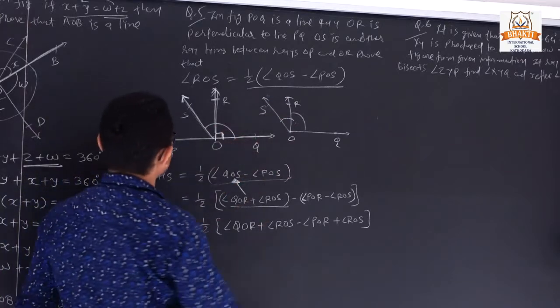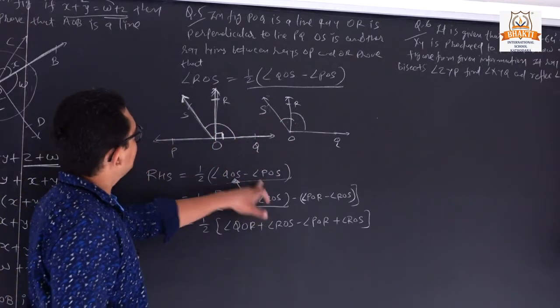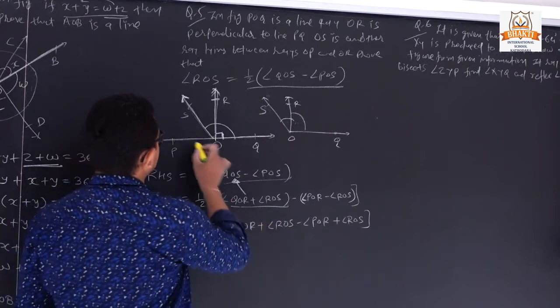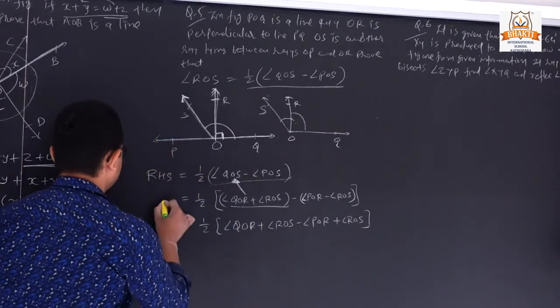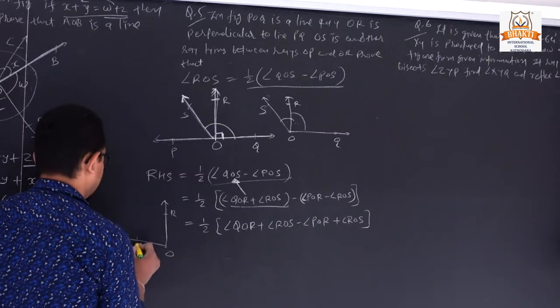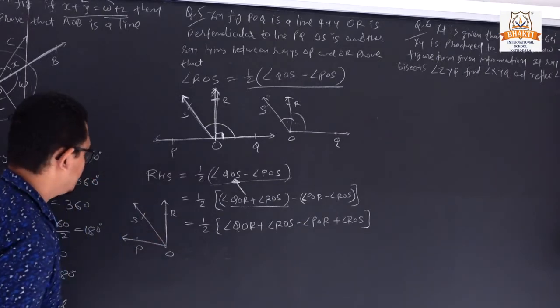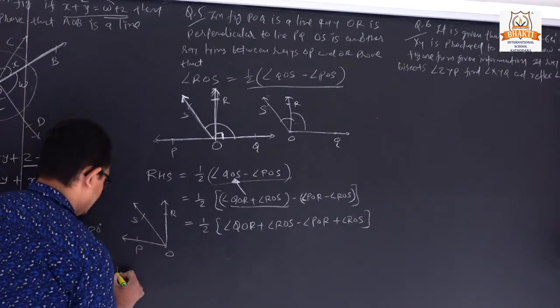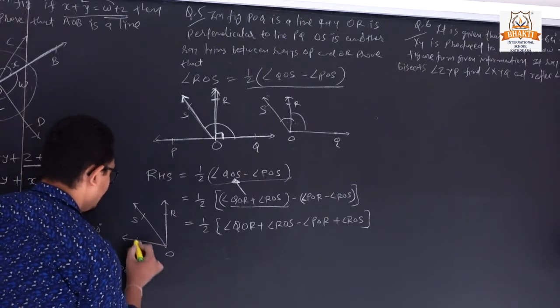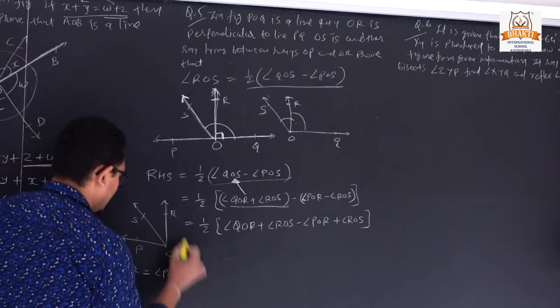Similarly for POS. Clear? So POS is equal to what we can write? Suppose I am drawing here. It is R, it is O and it is P, and here it is S. So POR is equal to POS plus SOR.